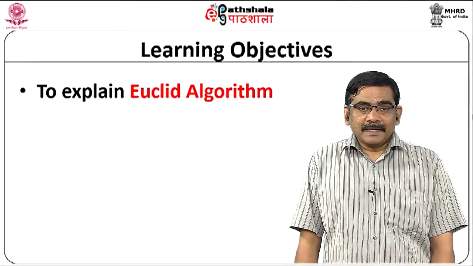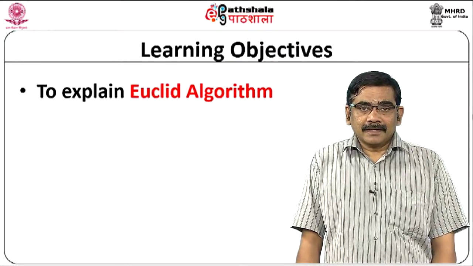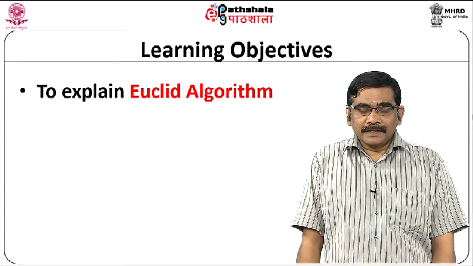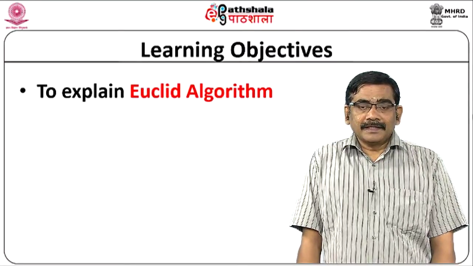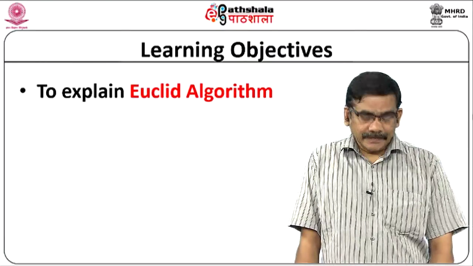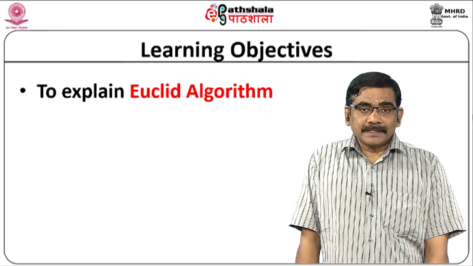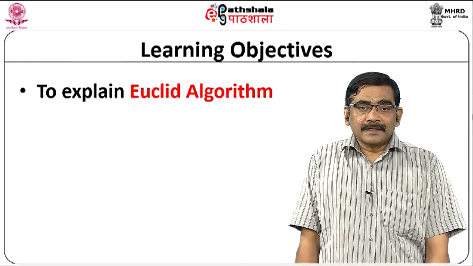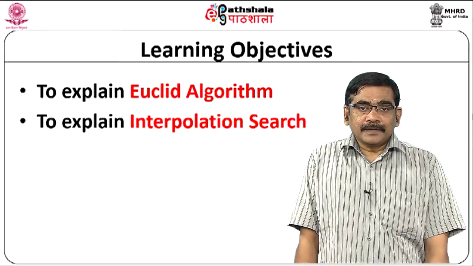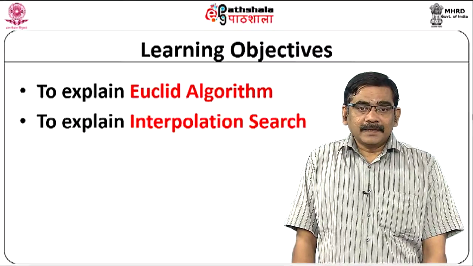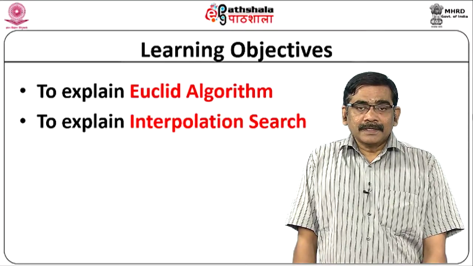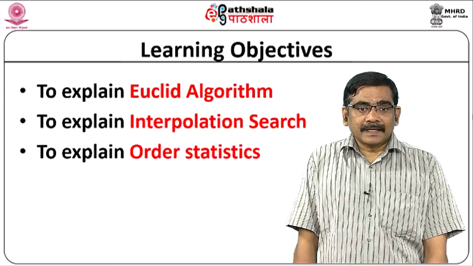One of the primary algorithms coming under this category is called the Euclid algorithm, which is one of the oldest algorithms ever designed for finding the greatest common divisor of two integers. So, in this module we are going to discuss algorithms related to this. We are going to discuss the extension of binary search called interpolation search, where we discuss the principles of decrease and conquer.